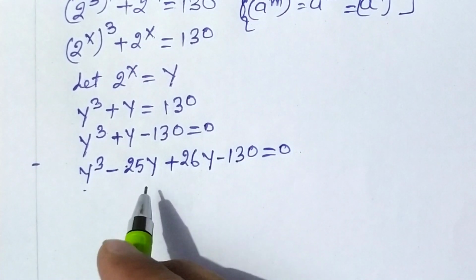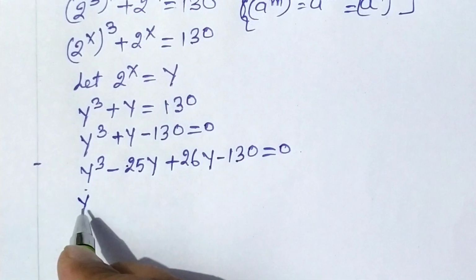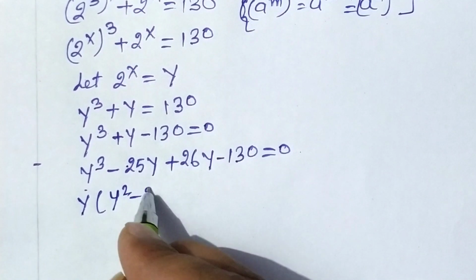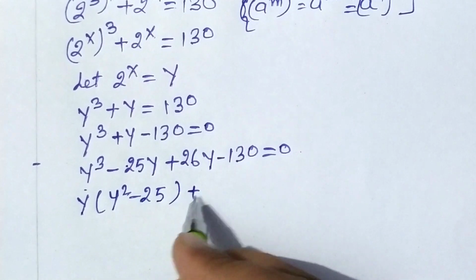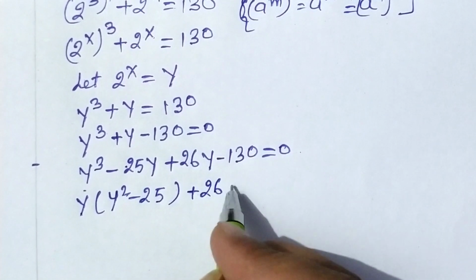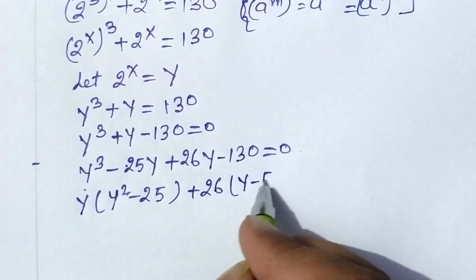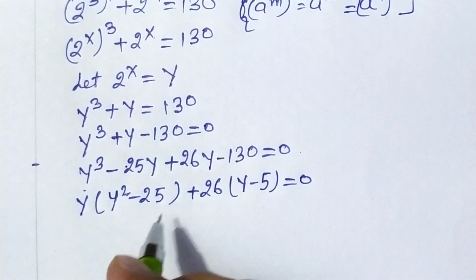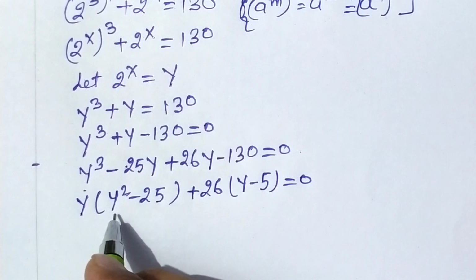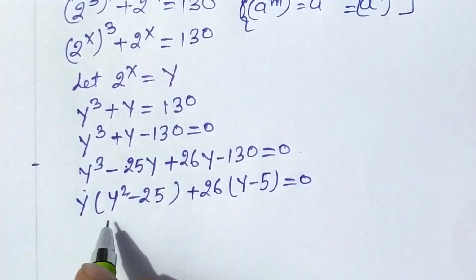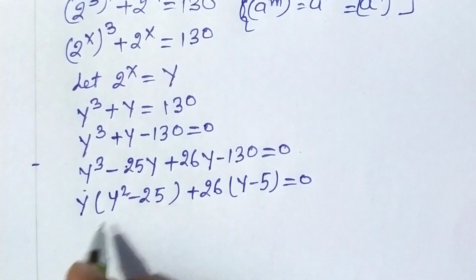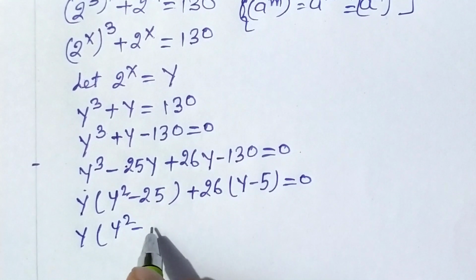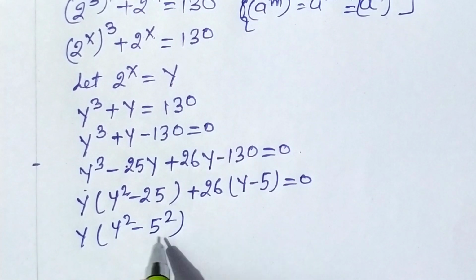Here y is common. Take y common. It will be y into (y square minus 25) plus 26 into (y minus 5) is equal to 0. Again, we know that a square minus b square is equal to (a minus b) into (a plus b). Y square minus 25 can be written as y square minus 5 square.